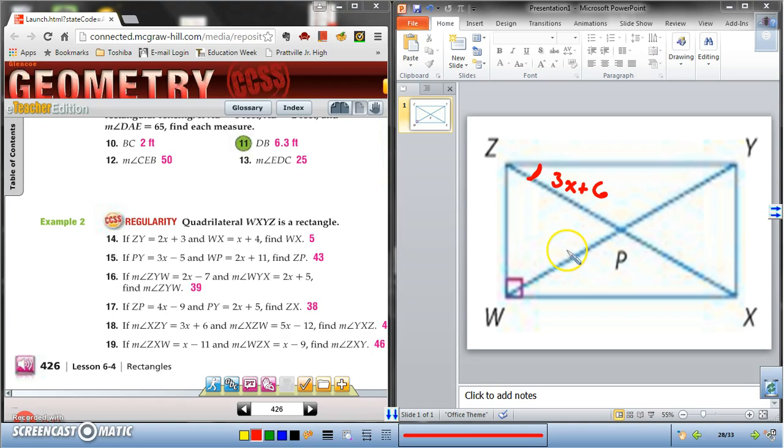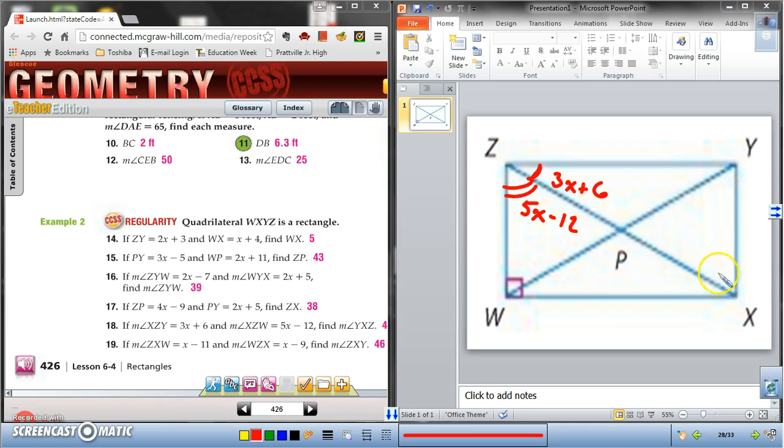All right, and then angle XZW is defined as being 5x minus 12. So this angle 5x minus 12, this angle 3x plus 6, and I should put another one here because these are not congruent angles.